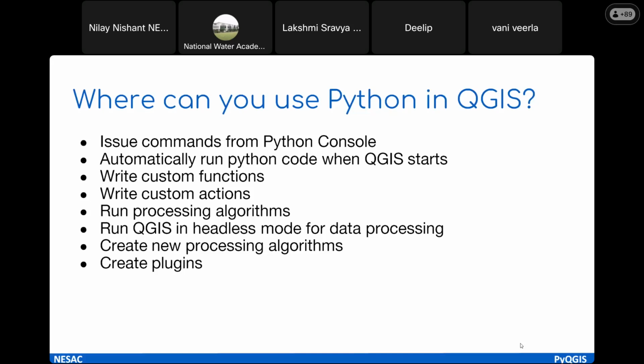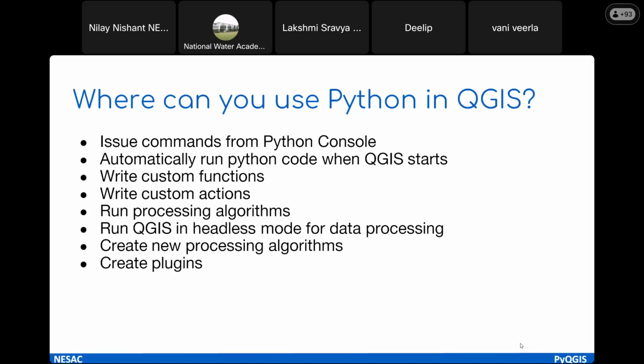Secondly, you can also run Python code when QGIS is automatically starting. So if you want some data to be loaded directly when you start your QGIS application, something like the forest fire information that comes from NASA's FIRMS portal, and you want it to be downloaded dynamically and loaded onto the QGIS platform, such an operation can be done.